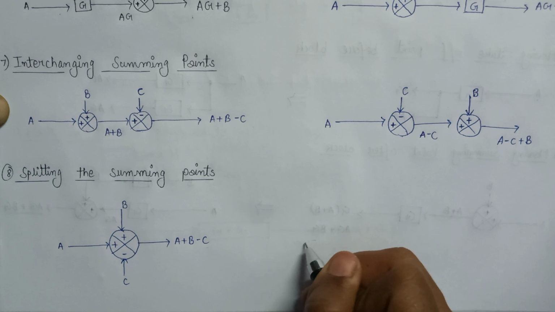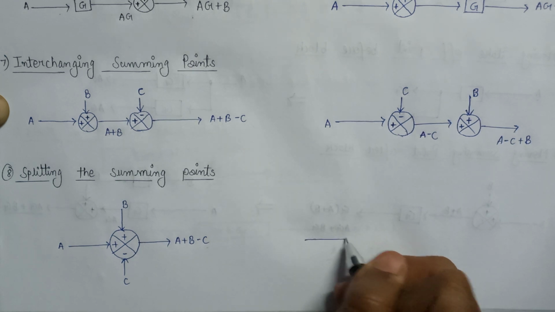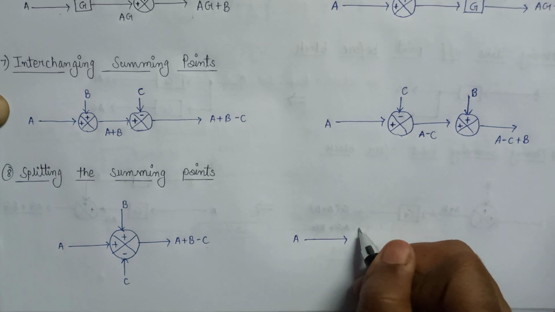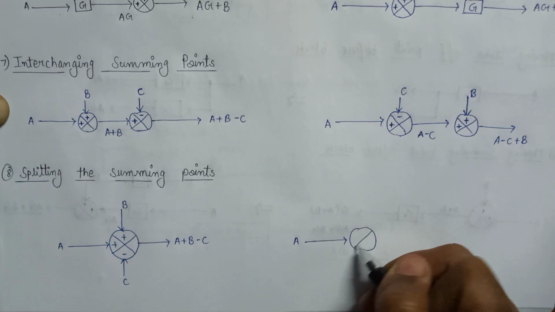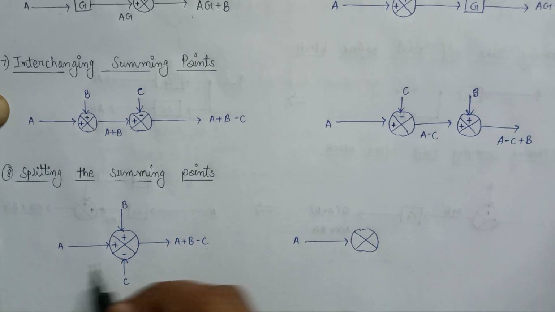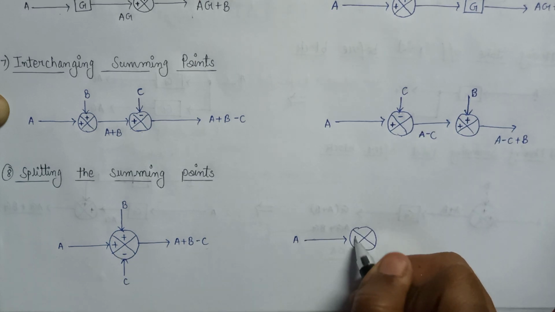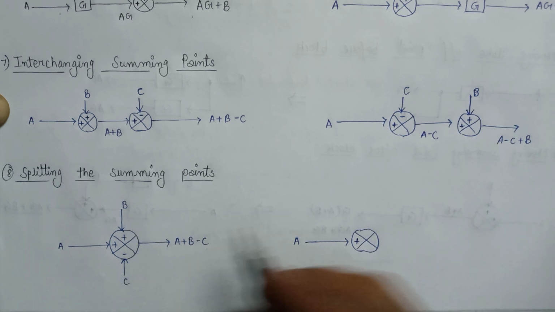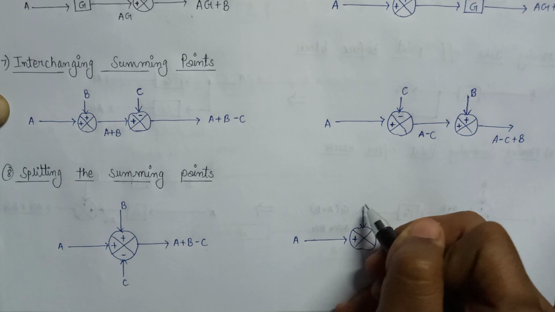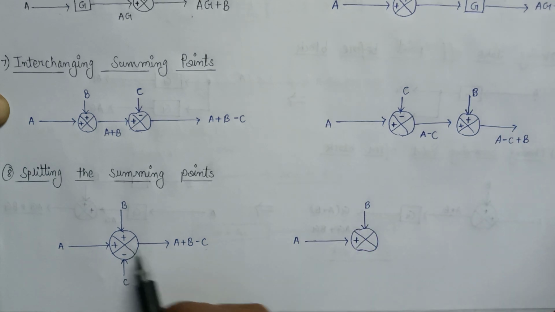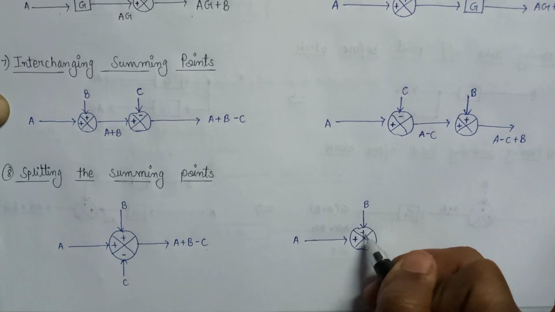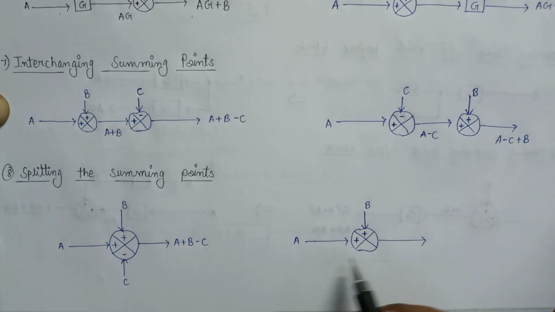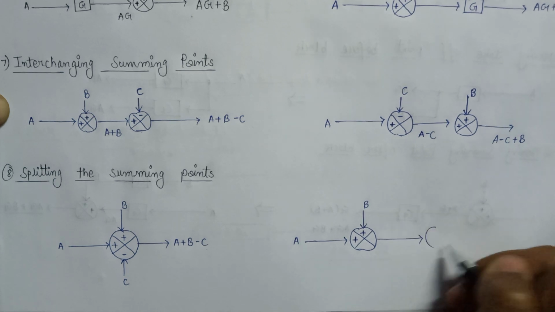We can also draw this figure like this, in which the input A is applied to this summing point. Since A is applied with positive polarity, a plus sign will come here also. After this, we consider another input, that is B, with positive polarity, and the output of this summing point will be fed into another summing point.